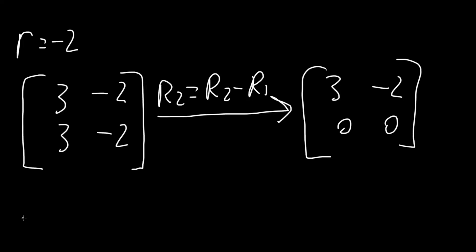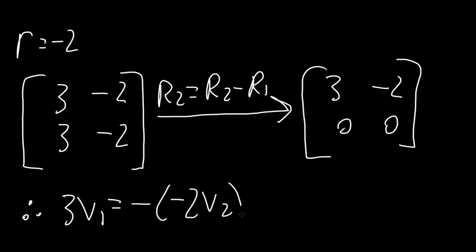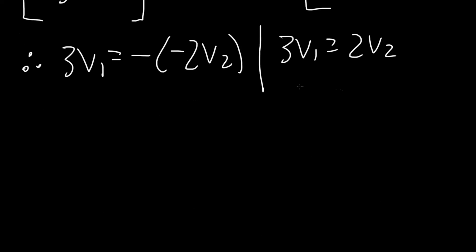And so we can therefore conclude that 3v1 is equal to minus parentheses minus 2v2. And so that would mean 3v1 is equal to 2v2. And so if v1 is going to be, let's say, 2, then that means v2 would be 3, because 3 times 2 is 6. 6 divided by 2 would give us 3.